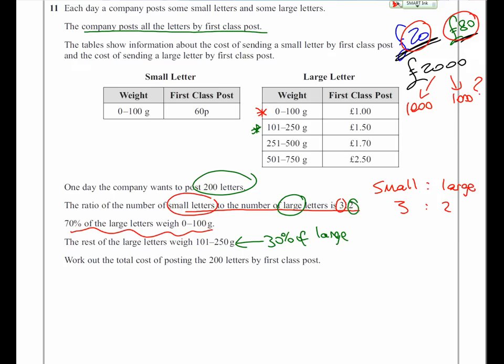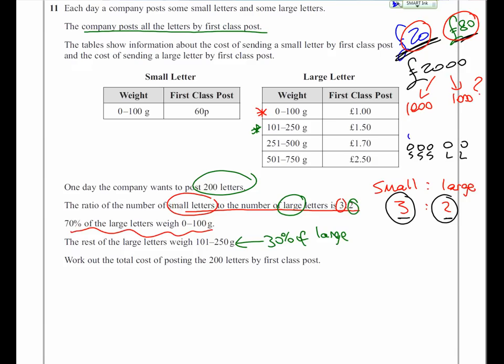So a ratio makes sure that you don't share it half-half, you split it up in a certain way. So this says that instead of being half-half, for every 3 small, there's 2 large. So 1, 2, 3 small, 2 large. That's how it's split up.